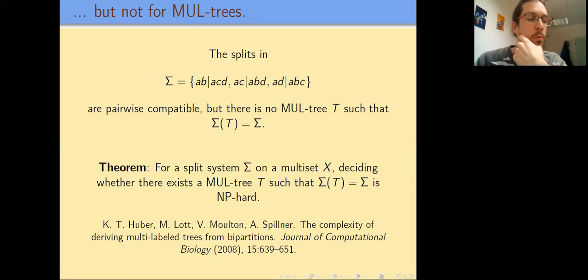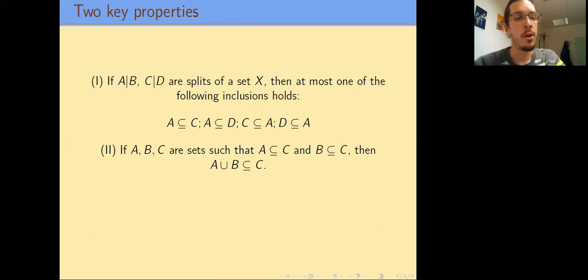To look into what goes wrong for the multiset case, we looked into the key properties that are used in the proof of the compatibility result for sets, for phylogenetic trees. There are two key properties that are trivial when you are looking at sets. Namely, if you have two compatible splits, then at most one of the four inclusions I mentioned before can hold. You cannot have more than one of these inclusions.